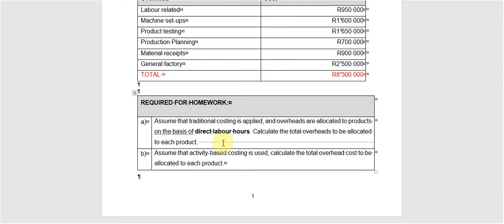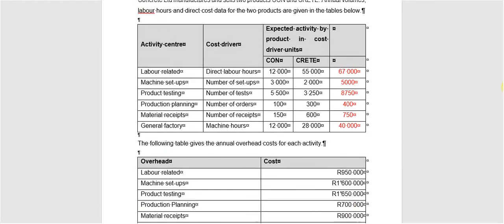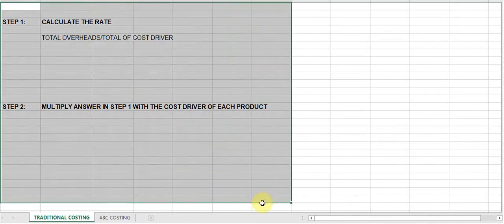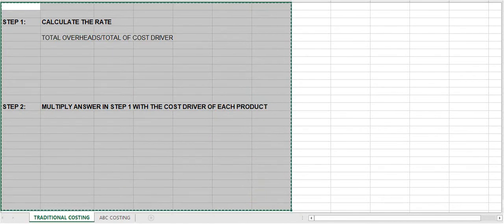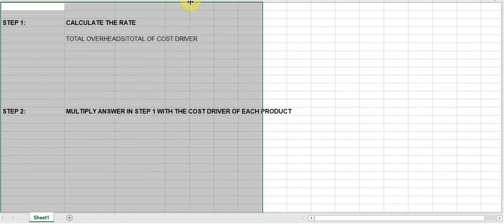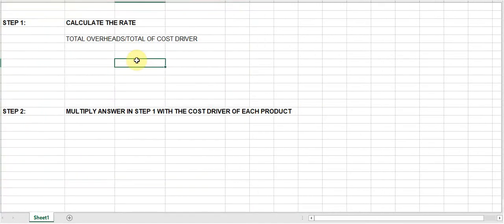All right, so we are going to start with required A, which is traditional costing. I have my template, so I'm just copying the template for traditional costing. Nice and easy. And then I know I need to take the total overheads and divide it by the total specific cost driver that they have given us to be the single cost driver for all of the overheads. So I remember when we added up the total, it was 8.3 million. And we need to divide that by the total cost driver.